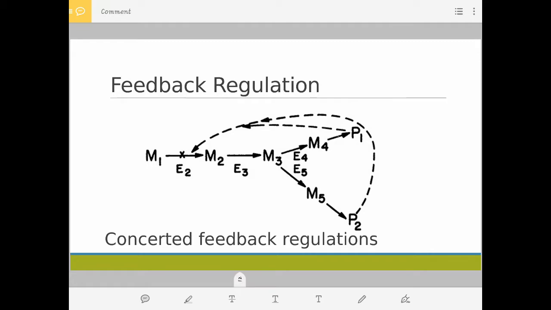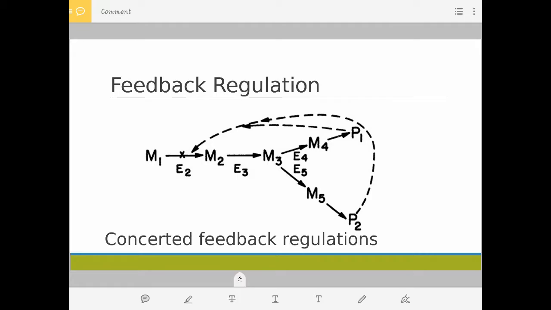That means both P1 and P2 must be present to inhibit enzyme 2. That is concerted feedback regulation. If only P1 is present, it has no effect on your enzyme, so there's no inhibition. Likewise, if only product 2 is present, it cannot inhibit enzyme 2.